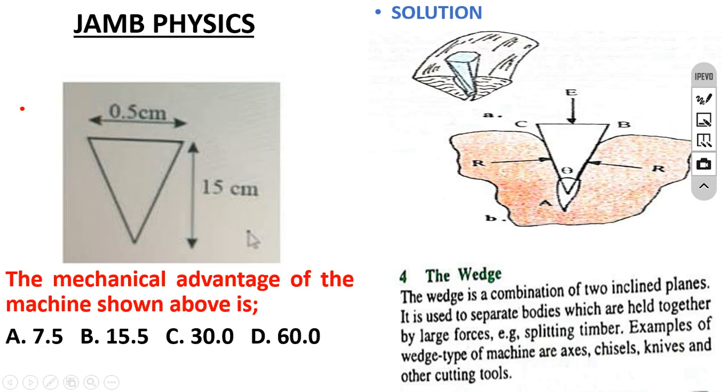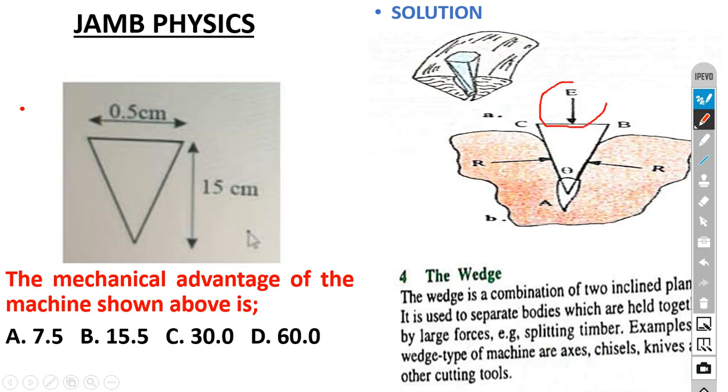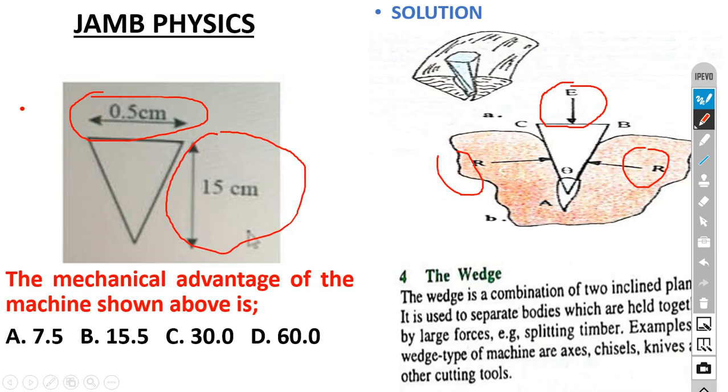We have that mechanical advantage is equal to load over effort. That's a general expression. So we have to check where we have the effort in the machine, where we have the effort E. The value we have here represents the effort, and the value by the side where we have R represents the load.